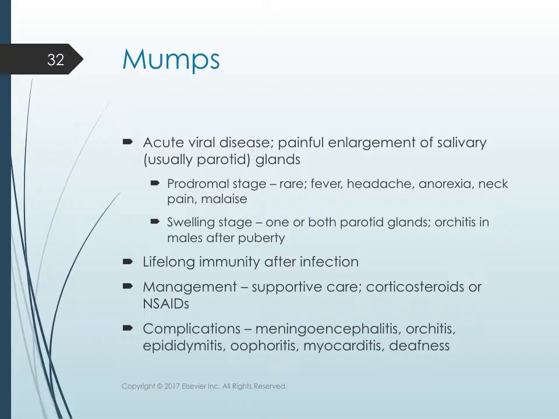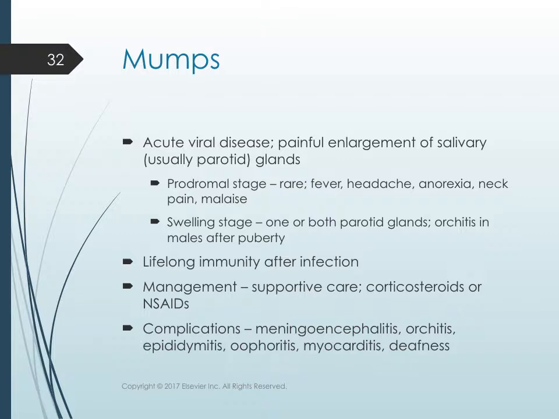And the child appears to have a sort of chipmunk appearance, and the parotid gland swelling obscures the mandibular angle. So that's how you can differentiate it from lymph swelling. It's usually a preauricular swelling that obscures the mandibular angle.